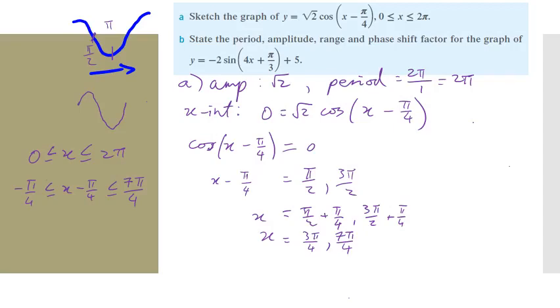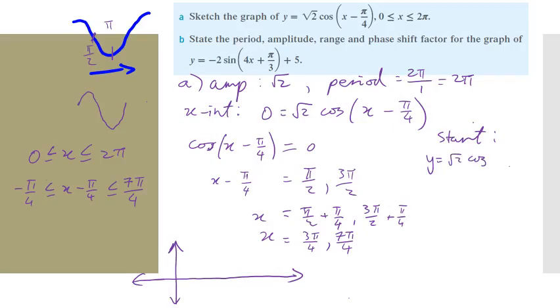Okay. Then, I'm running out of space. We need the starting point as well. Then we can draw it. So our starting point, we have x equals to 0, so y equals to root 2.